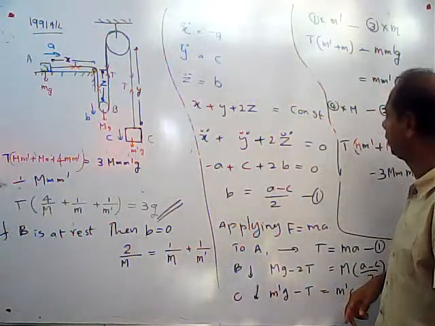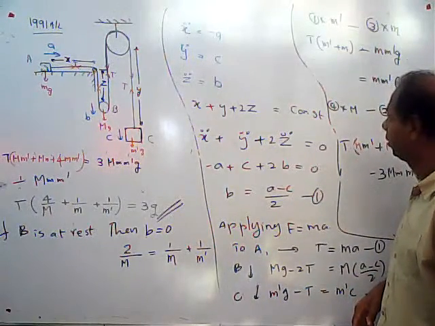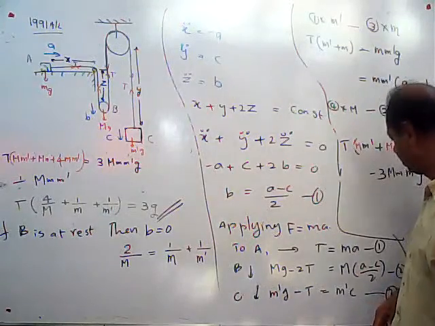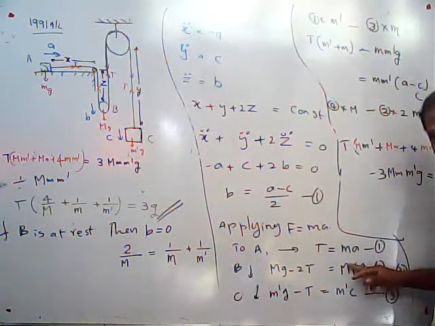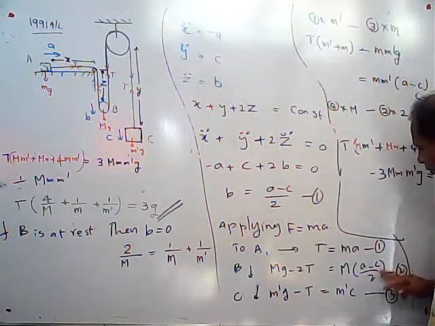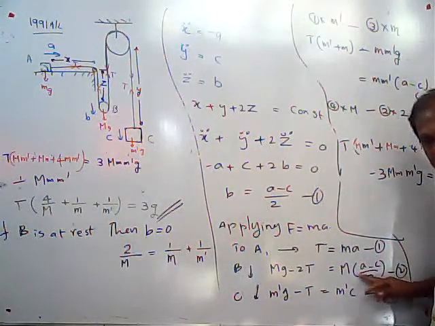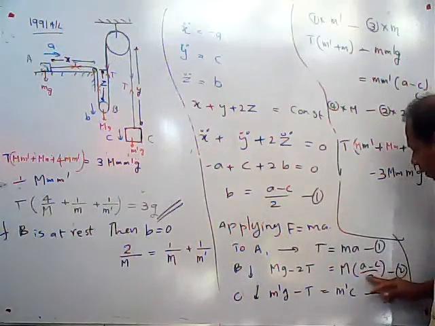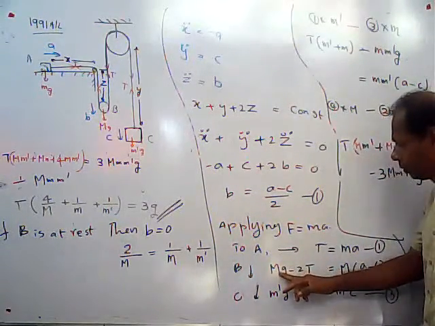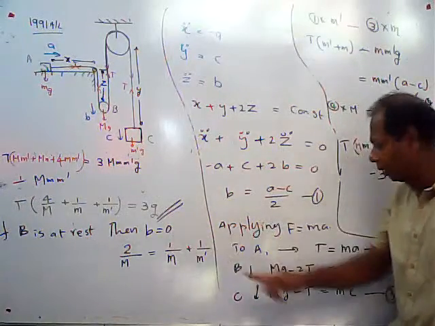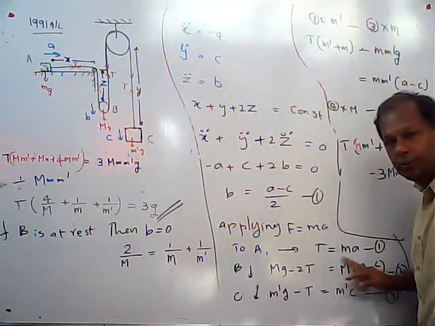Let us put V is equal to 0. It is B here, equation number 2. So B is equal to A minus C O 2. So when B is 0, you get mg minus 2t equals 0.